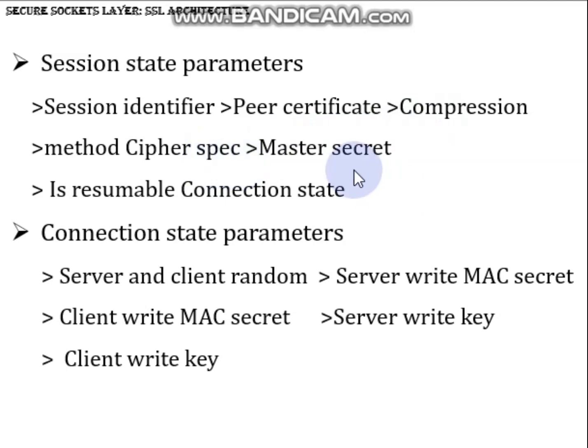Master secret: a 48-byte secret shared between the client and server. Is resumable: a flag indicating whether the session can be used to initiate new connections. Now under connection state parameters, server and client random: byte sequences that are chosen by the server and client for each connection.